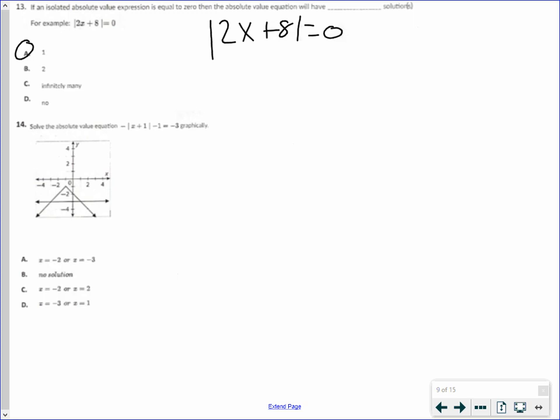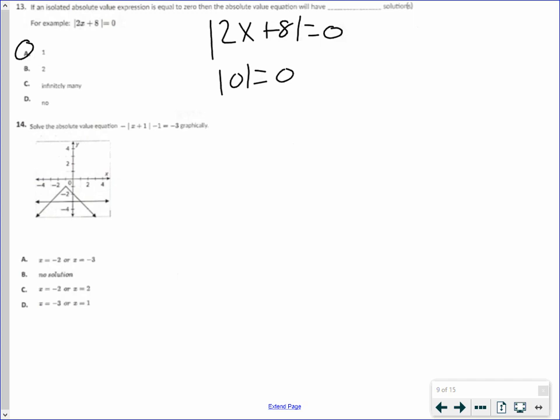This will only happen when 2x plus 8 equals 0. It's the only time this will ever hold true, since the absolute value of 0 is the only way you'll get an absolute value equation to equal 0. So in this case, we can only have one solution.